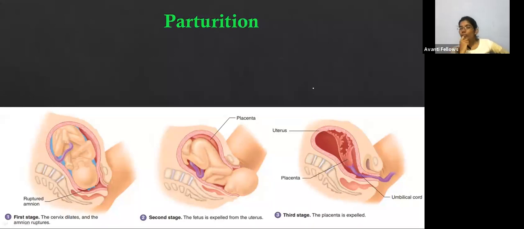Okay, ma'am, when instead of the head, the leg and hand come out first, what will happen? See, imagine, if the leg is coming out first instead of the head, then the baby doesn't know that it has to sit straight so that it can come out. It doesn't know anything.